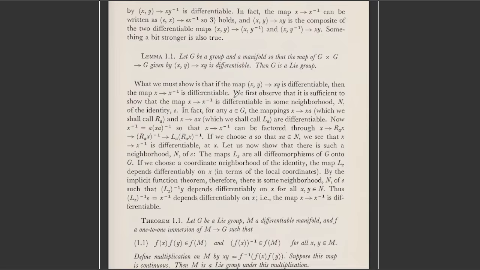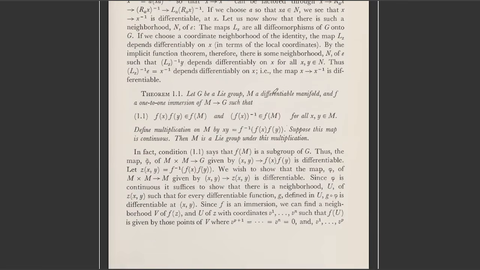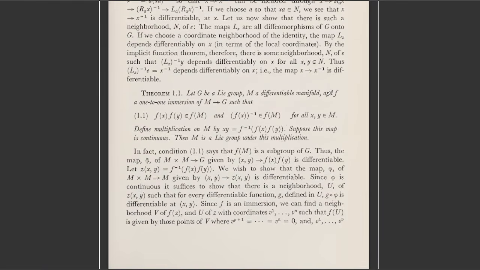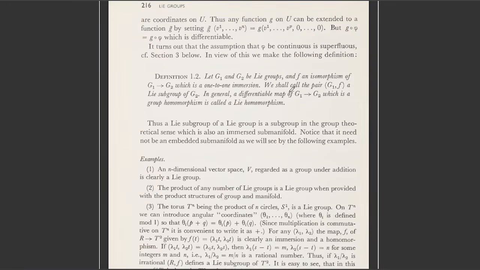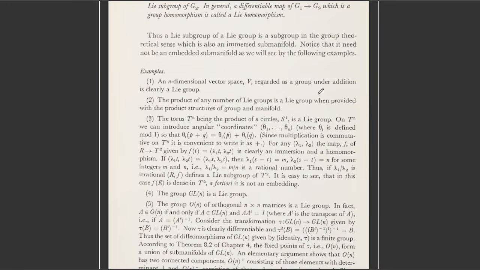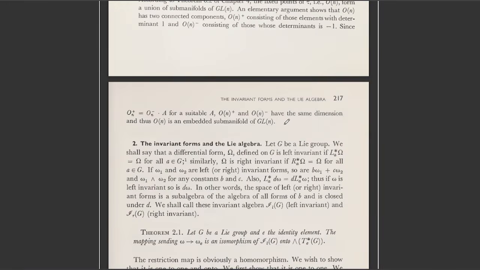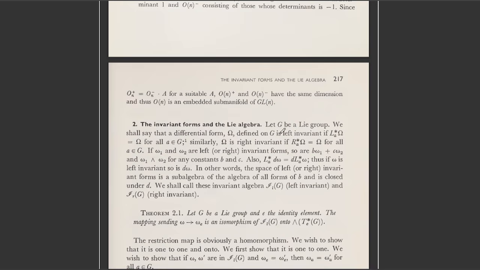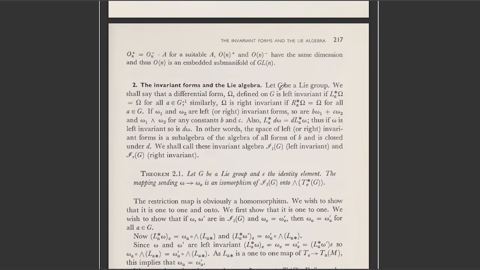So Lie groups and then Lie algebras as well. Lie algebras would be like the differential form of the Lie group. Invariant forms: let G be a Lie group.